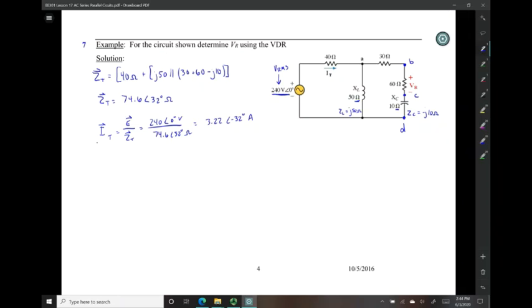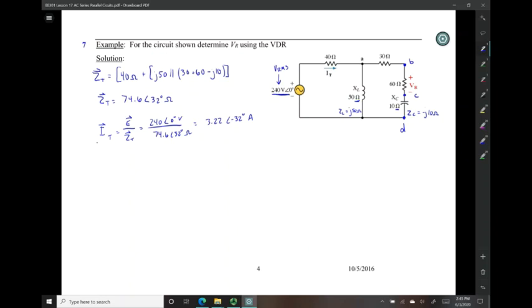Okay. So at this point, I know the current that is going through the 40 ohm resistor, but I don't know the distribution of currents through the two parallel paths, nor do I know the voltage drop from node A to node D, right? The voltage drop across those two parallel branches.